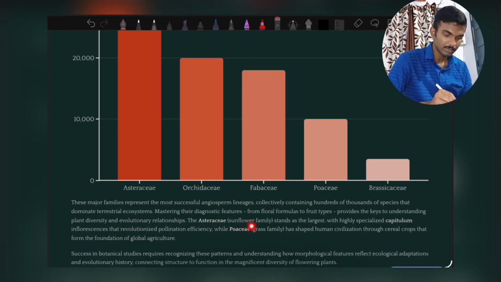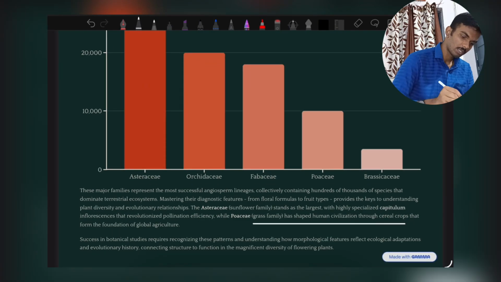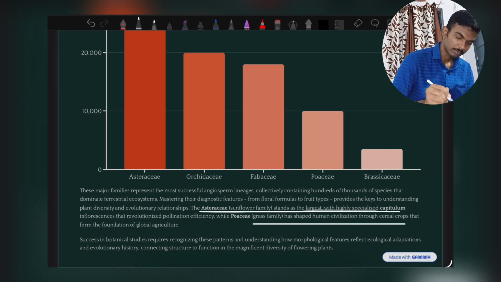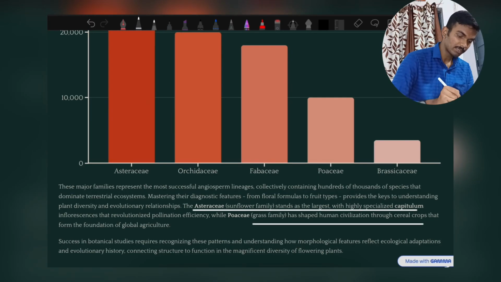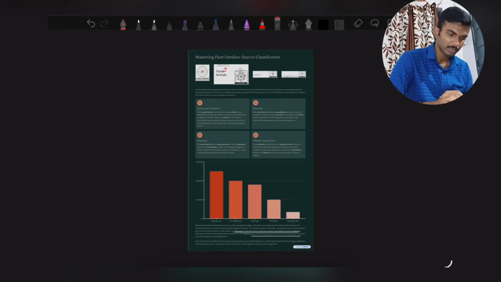The Asteraceae, the sunflower family, is the largest, with highly specialized capitulum inflorescence and revolutionary pollination efficiency, while Poaceae, the grass family, has shaped human civilization through cereal crops that form the foundation of global agriculture. Success in botanical studies requires recognizing these patterns and understanding how morphological features reflect ecological adaptation and evolutionary history, connecting structure to function in the magnificent diversity of flowering plants.